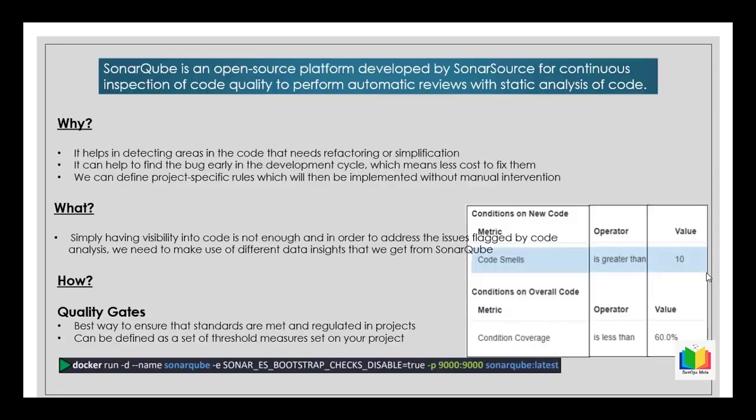As I said, SonarQube is an open source platform developed by SonarSource for continuous inspection of code quality, to perform automatic reviews with static analysis of code. What is the benefit of using static code analysis over dynamic code analysis? With static code analysis, the tool has access to your source code.